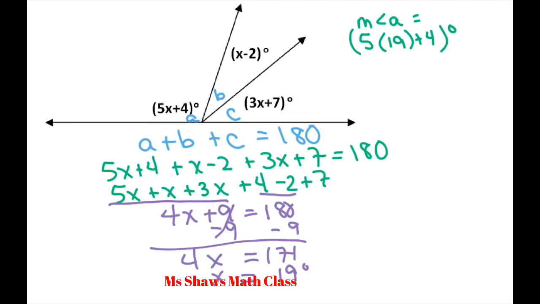So when you do that, you're going to get 5 times 19 is 95 plus 4, which equals 99 degrees.